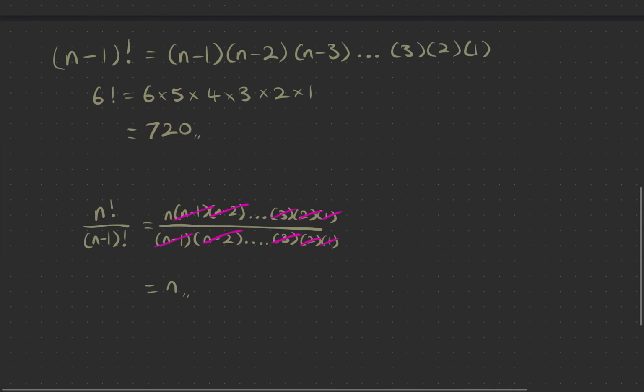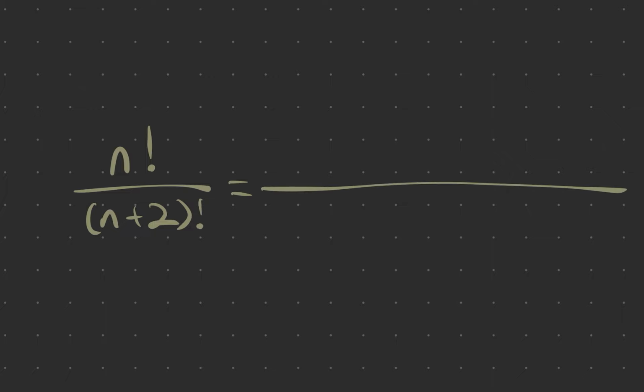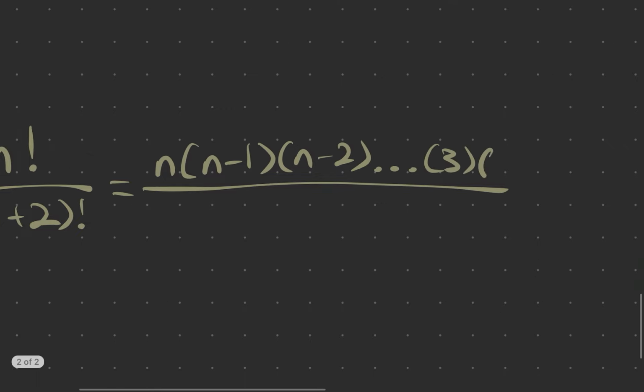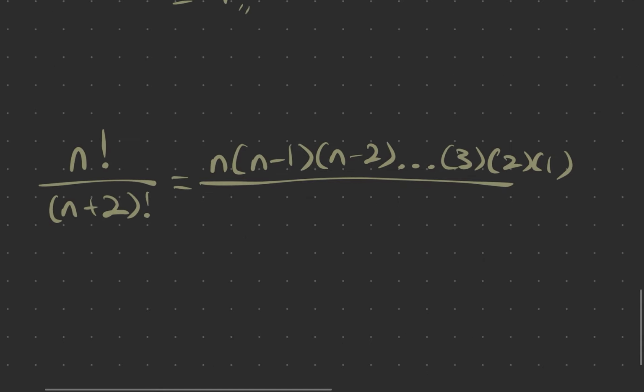Alright? Okay, let's do another example. Let's do n factorial over n plus 2 factorial. This one's harder now. So don't complicate things again, just do it one by one. N times n minus 1 times n minus 2, and it goes on to 3, 2, then 1. Then for n plus 2 factorial, it's n plus 2 times n plus 1, because remember we minus 1.